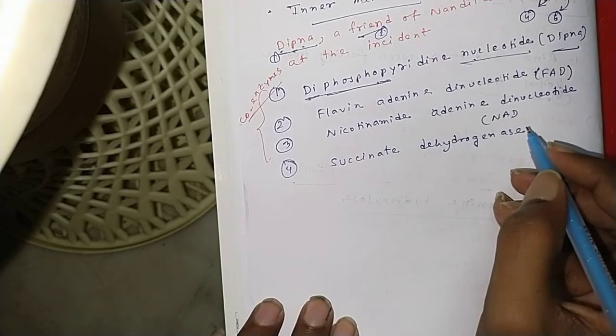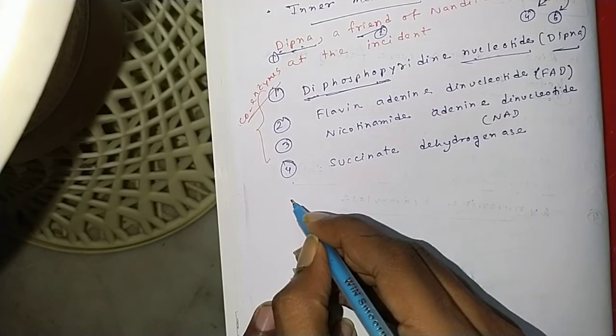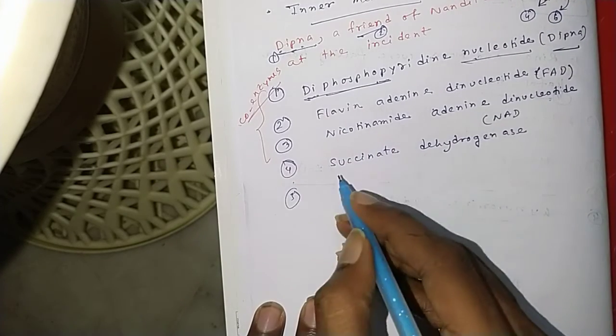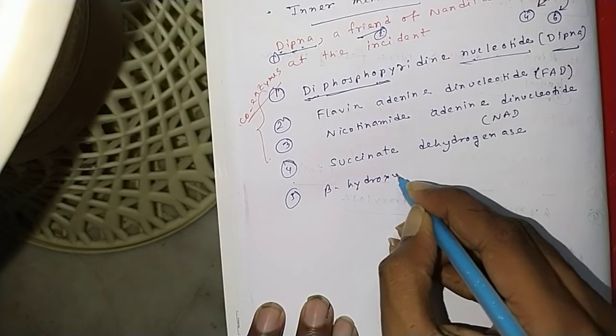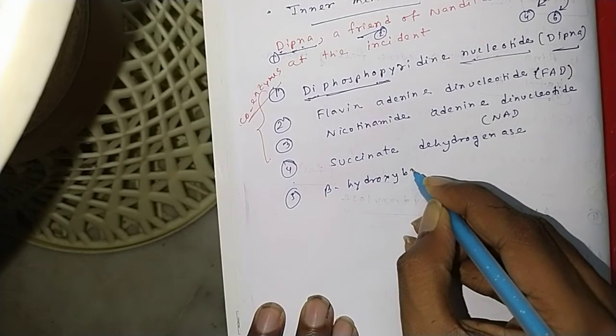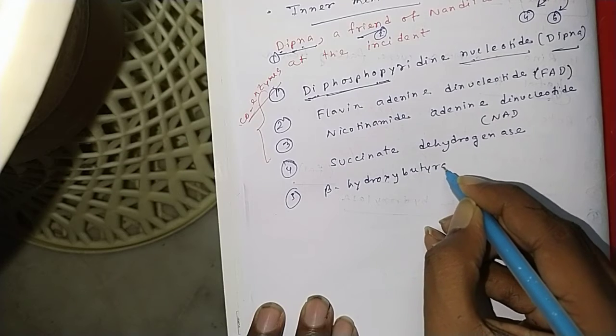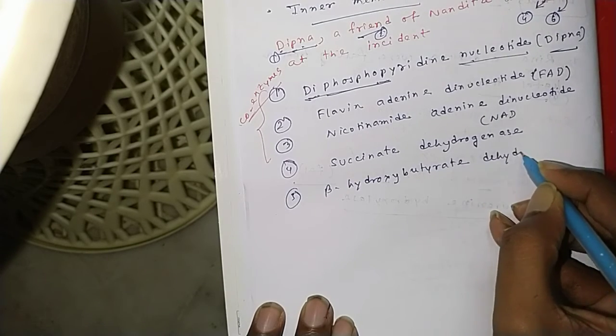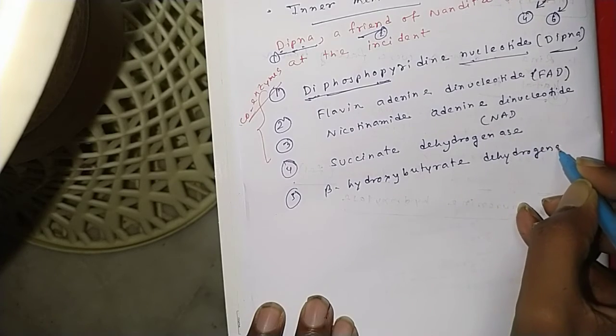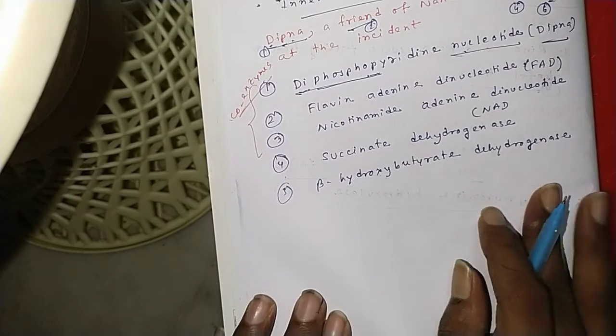Okay, then you have 5, that is the H. For H you have beta hydroxy butyrate dehydrogenase.